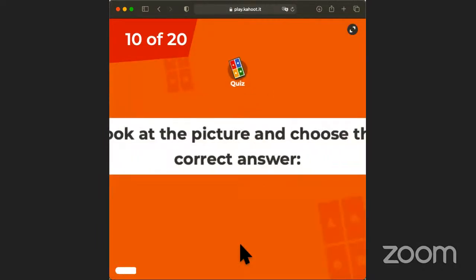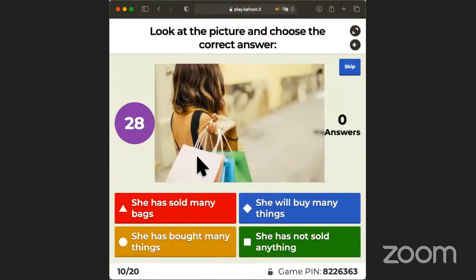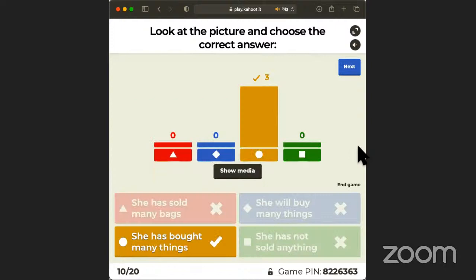Next. Look at the picture and choose the correct answer. What's going on? She has sold many bags. She will buy many things. She has bought many things. She has not sold anything. All right, everyone was correct.